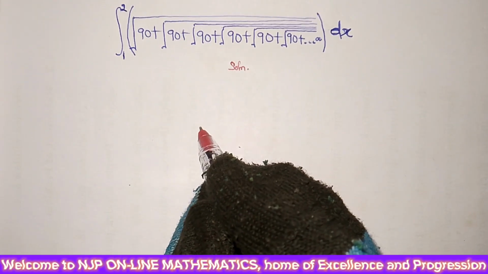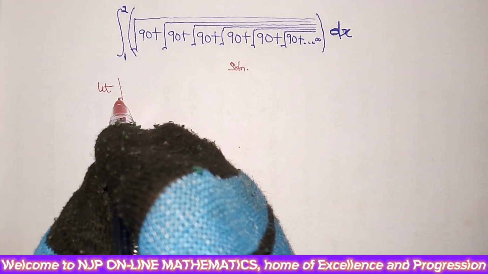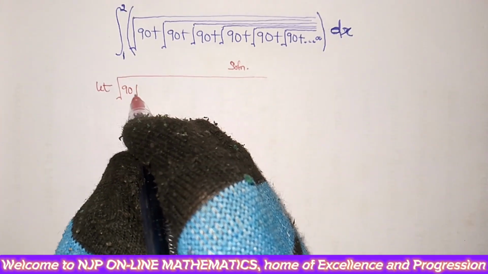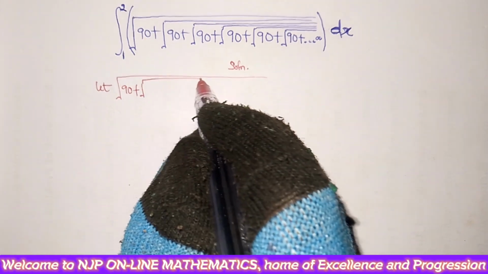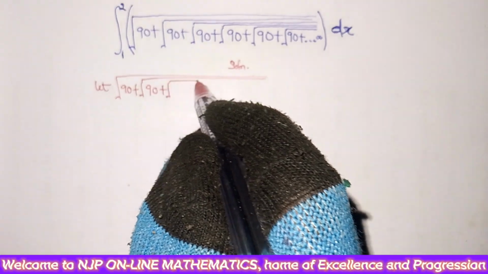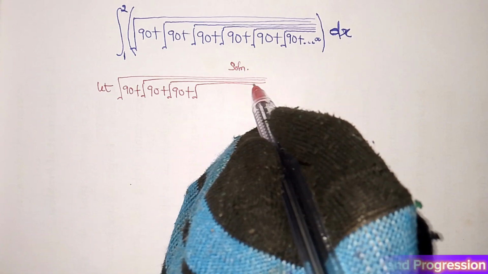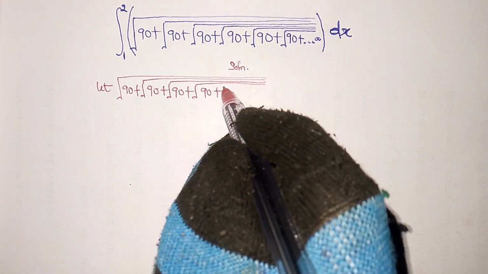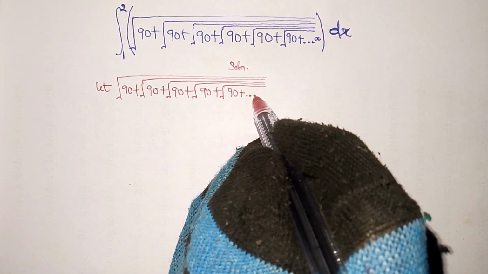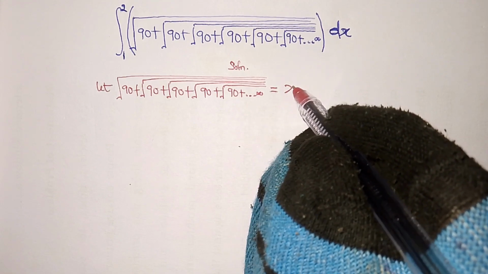Let's solve this problem. For us to solve it, we have to let the whole root of 90 plus the root of 90 plus the root of 90 plus the root of 90, as it continues to infinity, equal x.